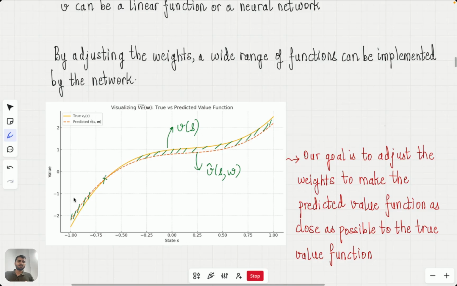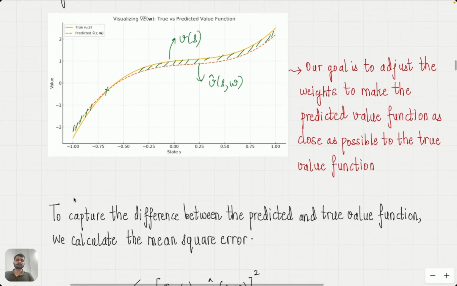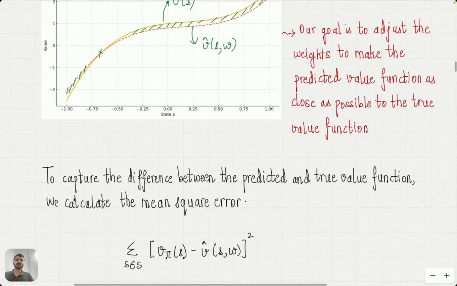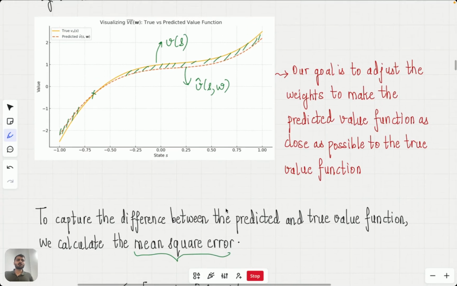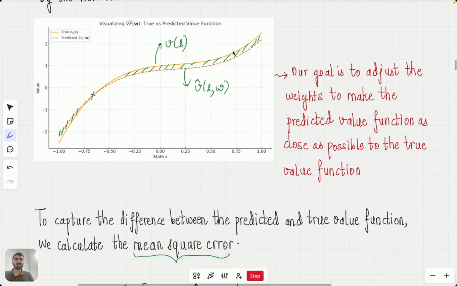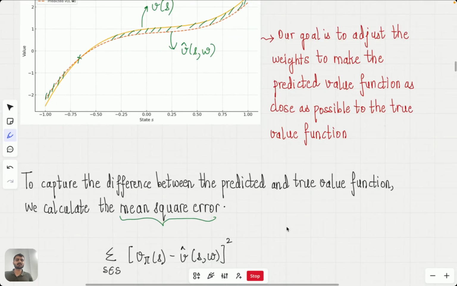Now the objective is to tune the weights such that we minimize this error as much as possible. And to minimize the error we use a metric which is the mean square error. So in the mean square error, what we essentially do is calculate the difference at each point, and we just square the difference.